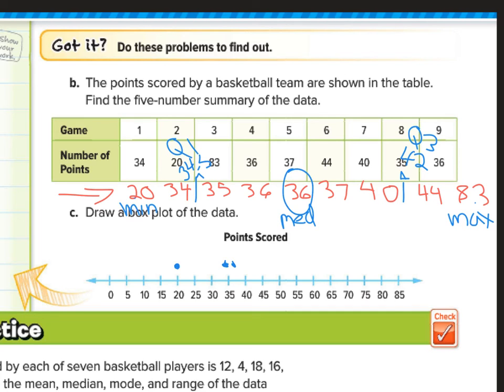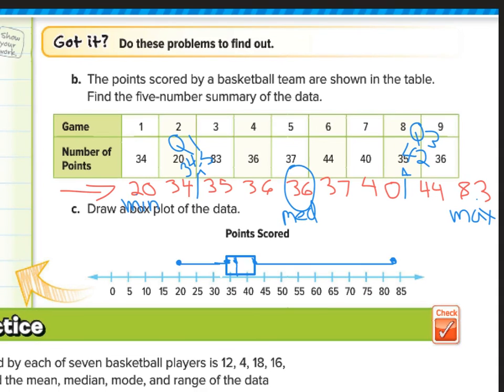And then we have our third quartile at 42, just between that 40 and 45. And then our highest or maximum value way over here at 83. And if we draw a box, it's going to look like this. Something like that. This is not my best ability, but you can see here where we have our minimum, our first quartile, our median, our third quartile, and our maximum.